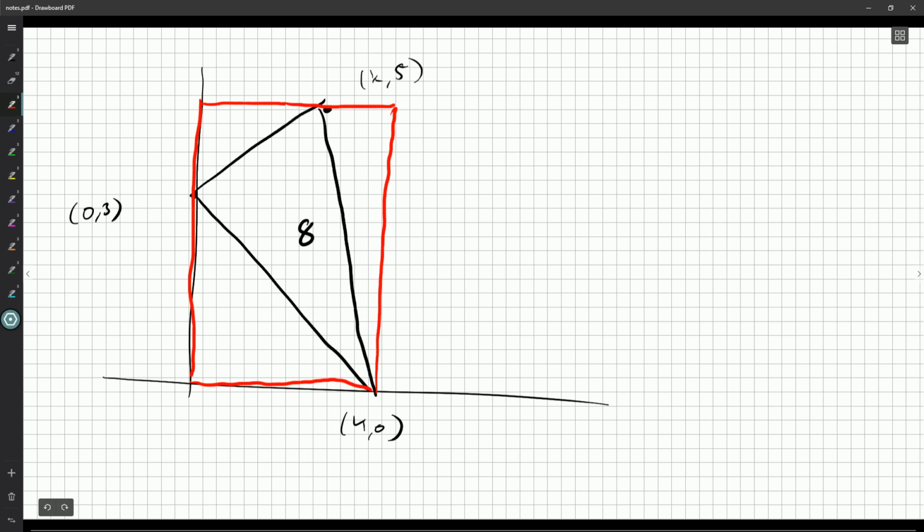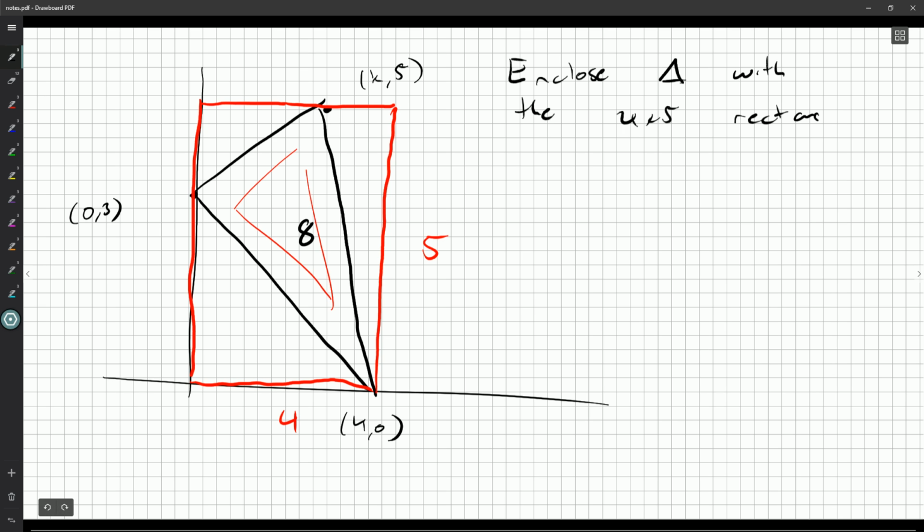Now, this rectangle has a height of 5 and a width of 4, so the rectangle has area 20. Now, it's a written question, so you might want to say enclose the triangle with the 4 by 5 rectangle shown.